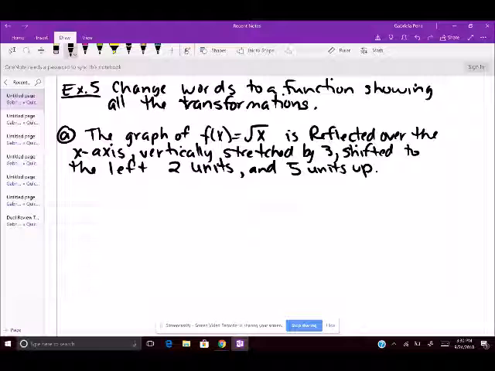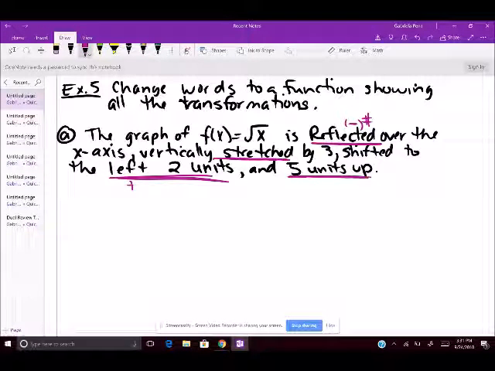So it is reflected. So when you see the word reflected, you should be thinking, hey, I'm going to need a negative up in the front, right? When you see the word vertically stretched, you should know, hey, there's going to be a number after that. When you see moving left 2 units, I know I have to have a plus. And when I see moving up, I'm going to have a plus also.